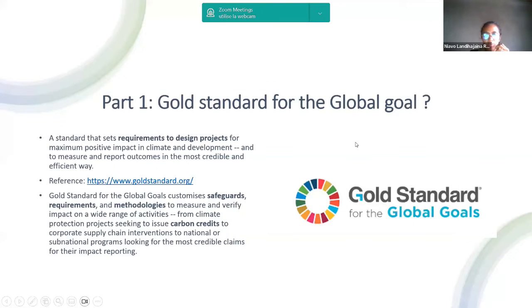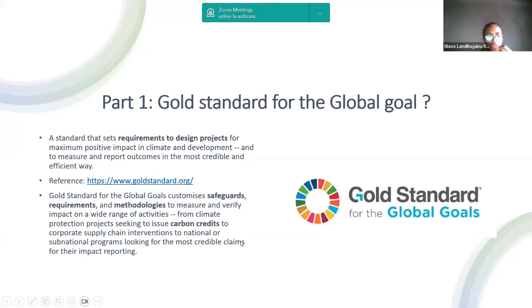So, what is the gold standard? It is a standard that sets the requirements to design projects for maximum positive impact in climate and development, and to measure and report outcomes in the most credible and efficient way. We can see different details of the gold standard on its website here.